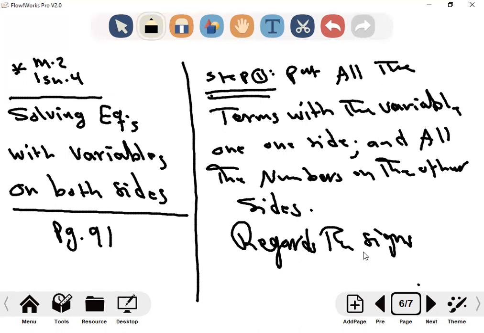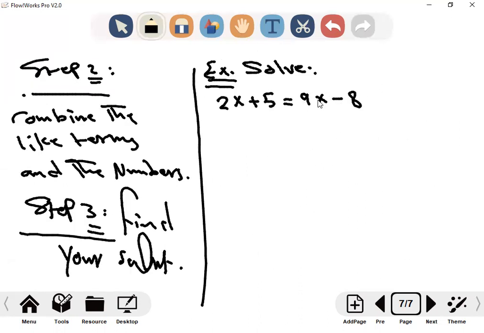Any term you want to transfer from side to side, you change its sign. But to make it easy for me, I always put the variables on the left side. So the left side, leave it for the variable side.